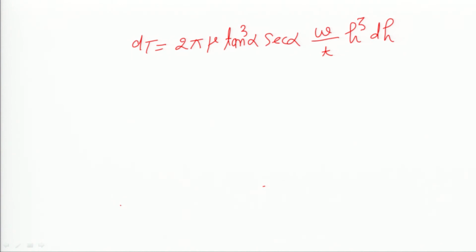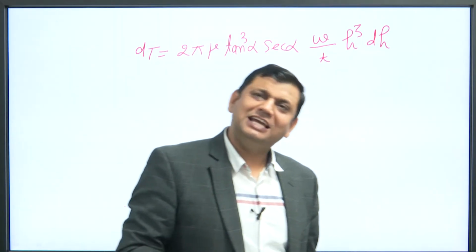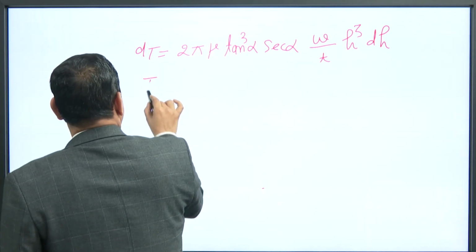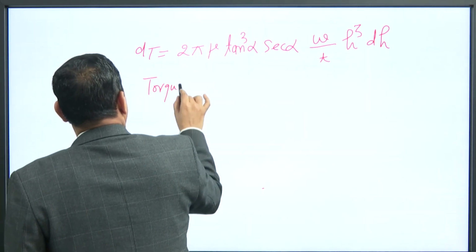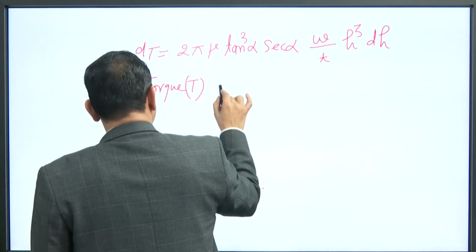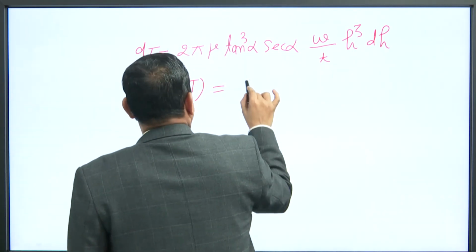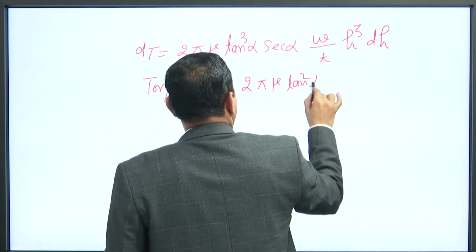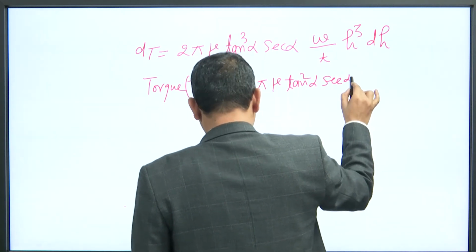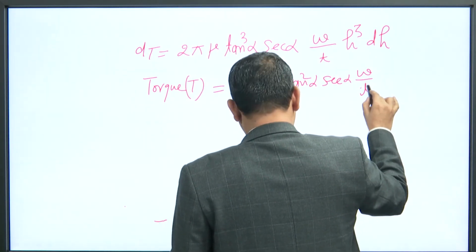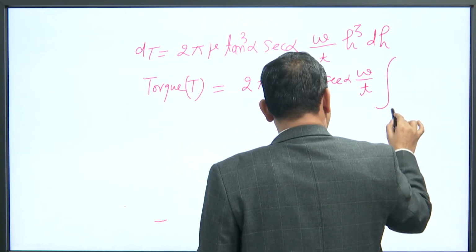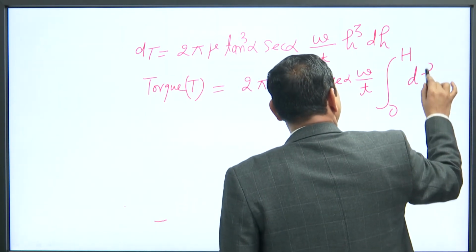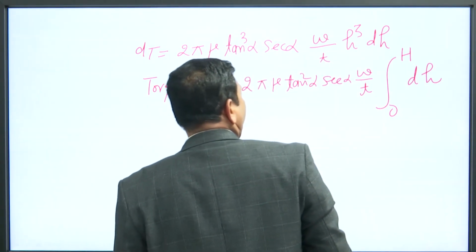Then for the total torque capital T, we can integrate. These are constant values, mu is constant. What is the variable? The variable is h, from 0 to capital H, dh.